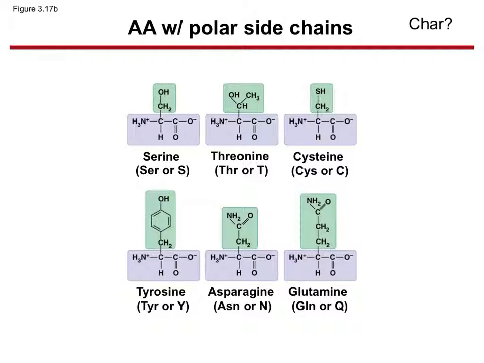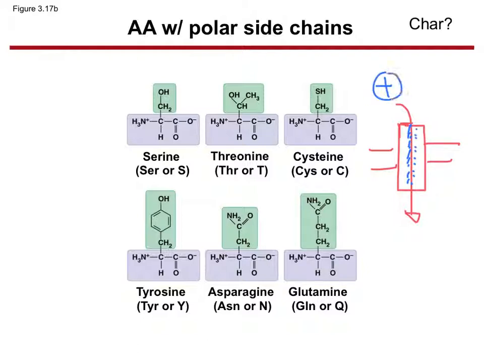Or sometimes, with a protein in the cell membrane where we want polar or charged particles to be able to travel through it, the little tunnel they travel through is going to be lined with these polar amino acids, so that when the charged particle goes through, it interacts with them and can travel through the membrane.